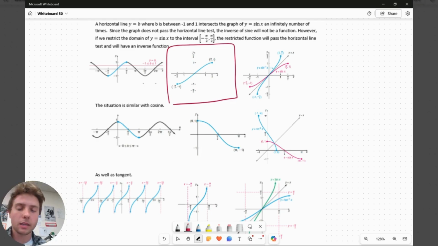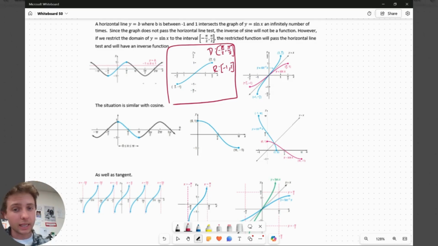This image then allows us to define the original function. This is the original sine function where the domain is -pi/2 to pi/2. And the range, look at the bottom to the top there, is -1 to 1.